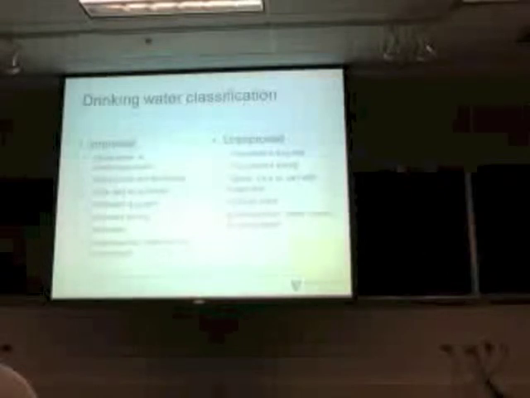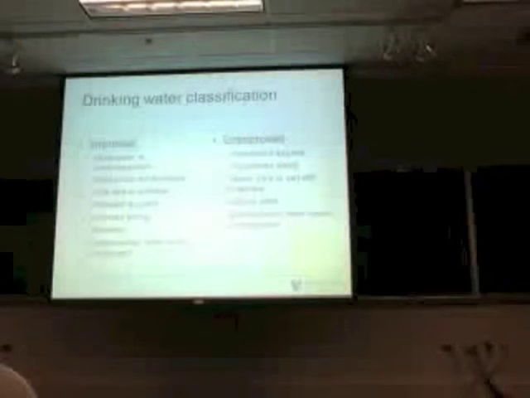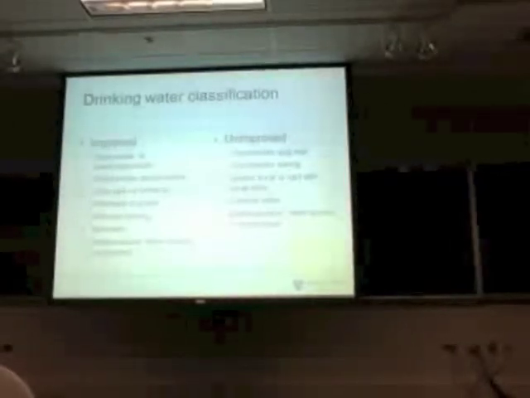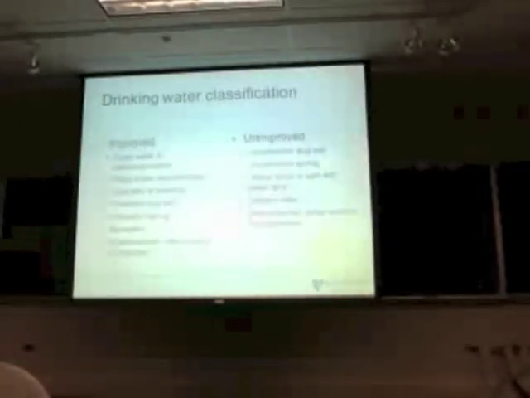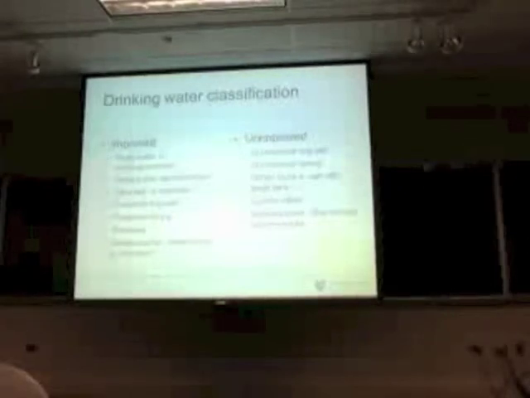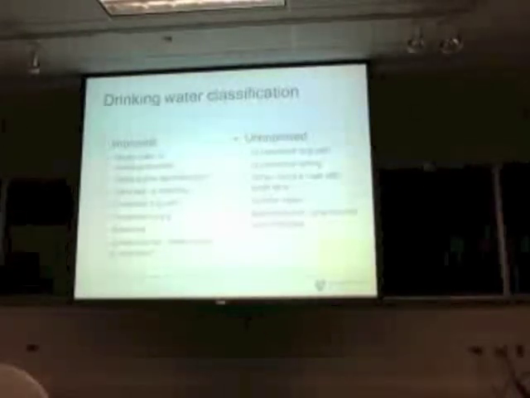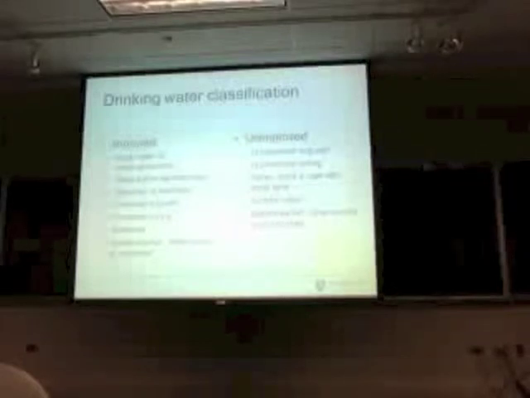Unimproved are all these things that probably to someone who's not even an expert in water quality, they would know that, yeah, that does not look safe to drink. So unprotected dug wells, unprotected springs, this is water coming out of the ground, surface water. The tanker truck is an interesting one because tanker trucks look possibly safe. It's a big truck full of water, but we find all the time that they're refilling these tanks with surface water, that they're getting contaminated.